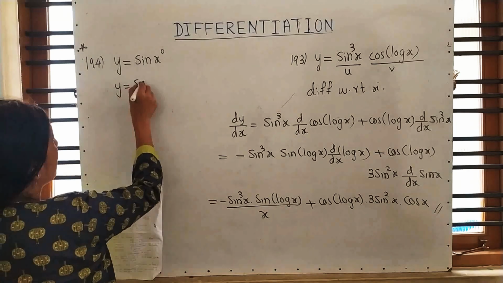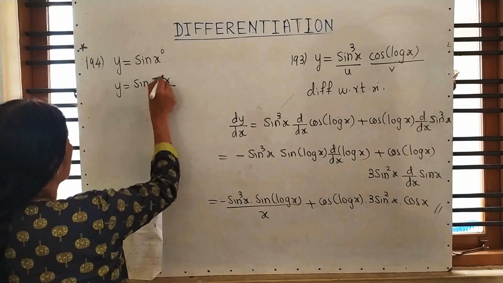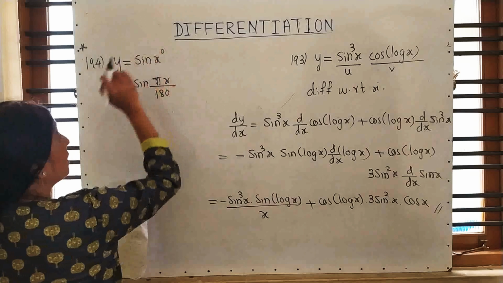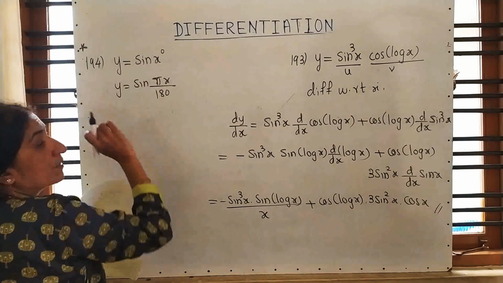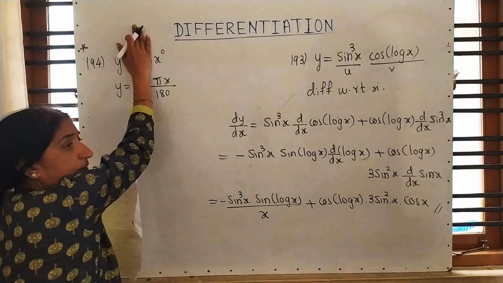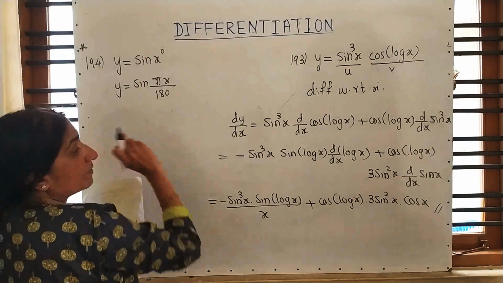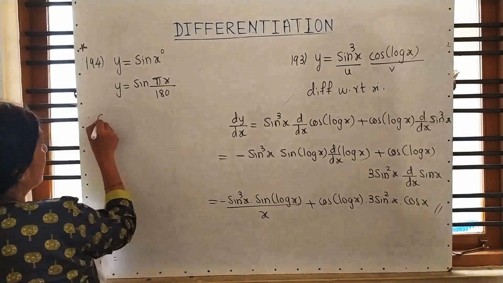So x degree is nothing but pi x upon 180 radian. Already we are familiar with this conversion. Convert that; it is not x to the power 0 because it is with trigonometric term. If it is without trigonometric term, you can consider as x to the power 0. With trigonometric term, it is x degree. X degree is pi x upon 180 radian.